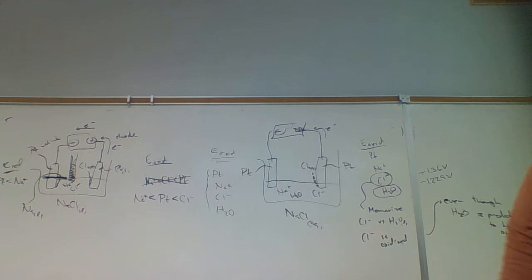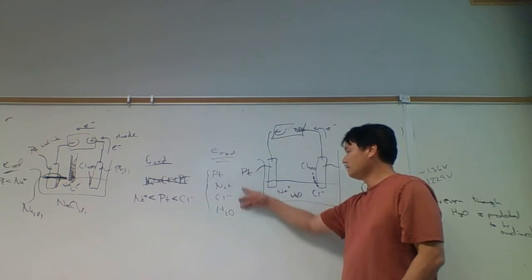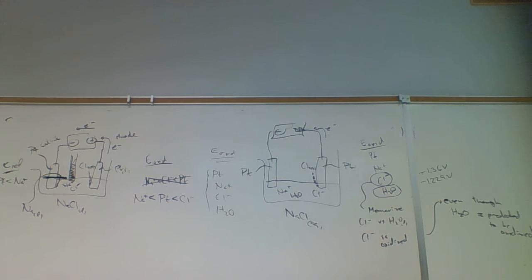Well, we can go to Appendix D and take a look. The highest reduction potential on the chart is fluorine. And so we'll start off with fluorine and then just work our way down until we encounter some of these. The first species we're going to encounter is sodium ion. Just make a note of it. Sodium ion's reduction potential is minus 2.7 volts.